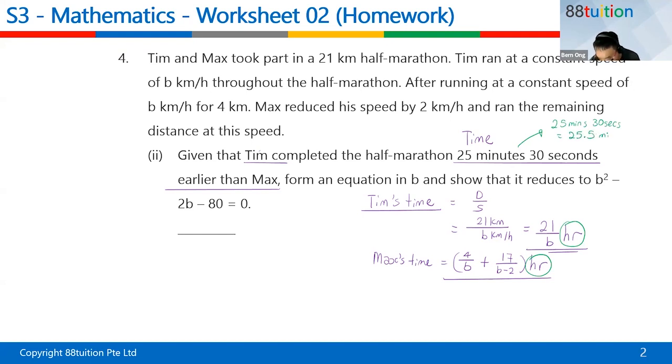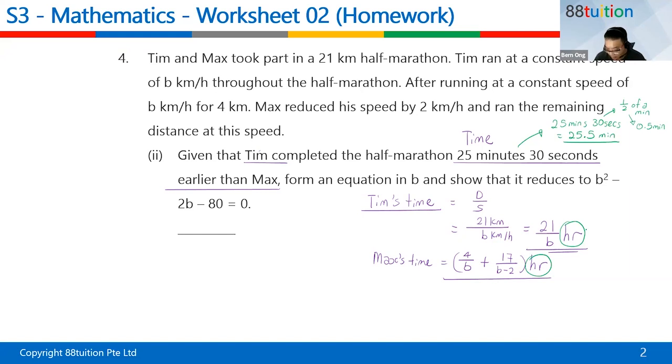Do you understand? Why is it 25.5? Because 30 seconds is actually half of a minute. And half means 0.5 minute. Do you understand or not? So 25 minutes, 30 seconds is 25.5 minutes.